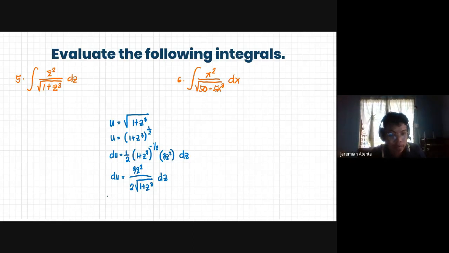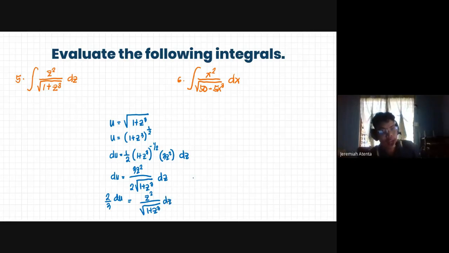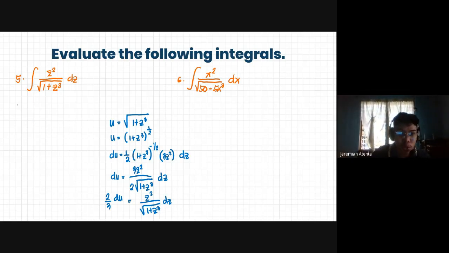Right? So we can have 2/3 du is equal to z squared over square root of 1 plus z cubed dz. Okay? So from that, we now have z squared over square root of 1 plus z cubed dz, and this is just equal to, nakikita na natin agad ito, okay?